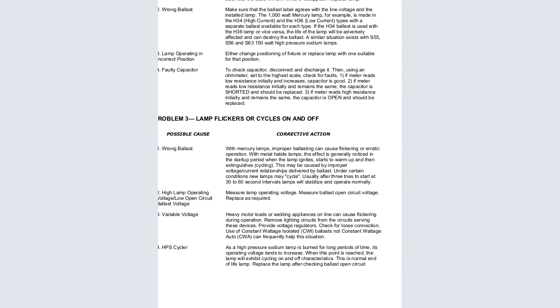Then the HPS cycler: as the high pressure sodium lamp is burned for longer periods of time, its operating voltage tends to increase until a point is reached where the lamp will go into on and off cycling characteristics. This is a normal end of the lamp life.